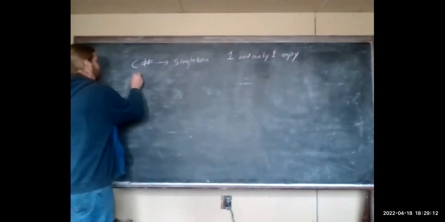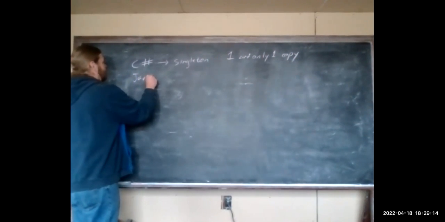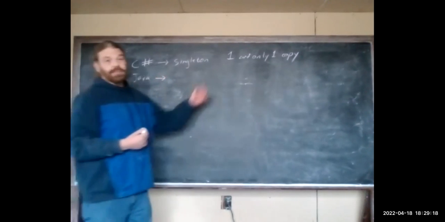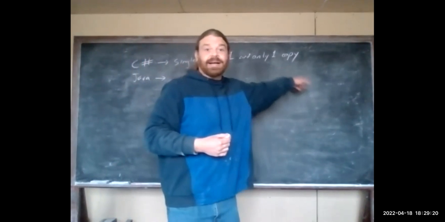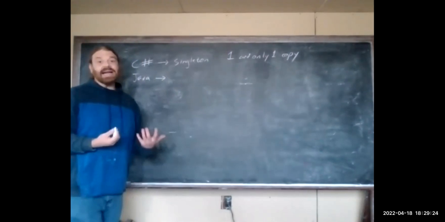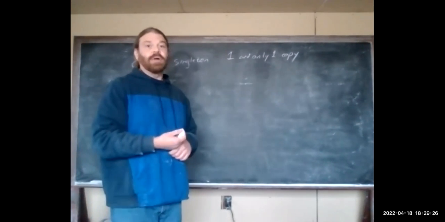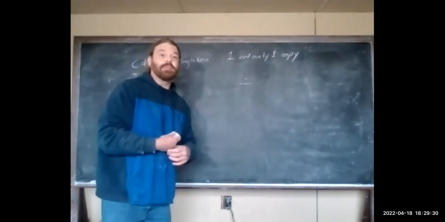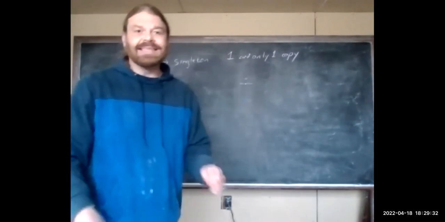So I mentioned Java. If anybody's had a Java class, you might recognize that one and only one copy. That's what static means. Even in C#, we have to make something static before we can make it a copy. And that's the big difference here. If I share my screen again.